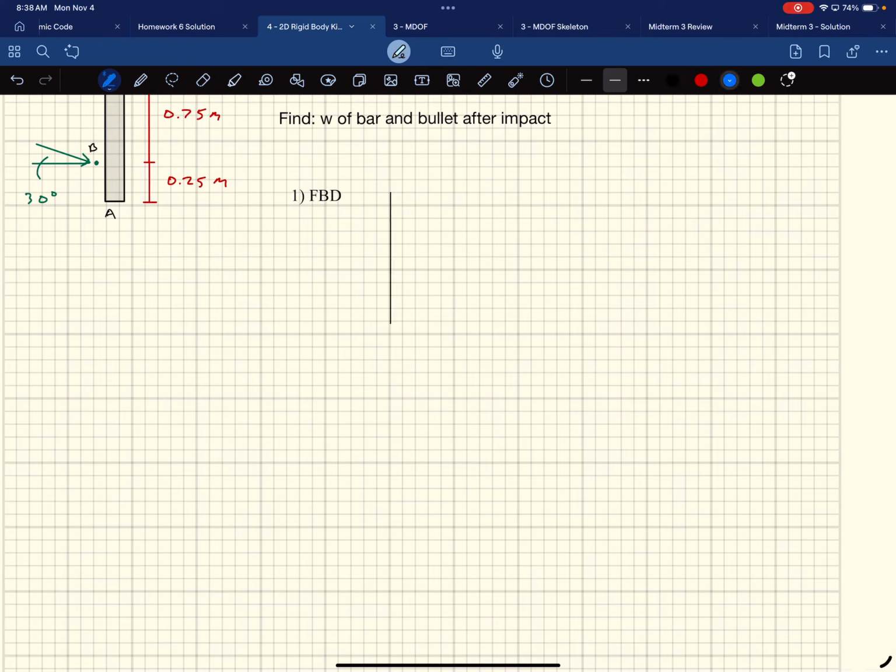Acting on it, we have mass times gravity acting down. We've got reactions O_x, O_y. And then we've got the bar striking the bullet and the bullet striking the bar.